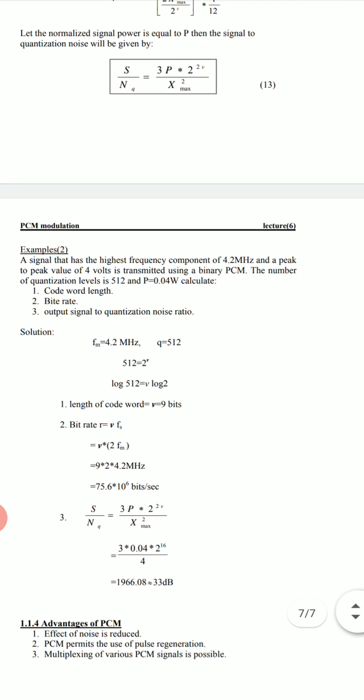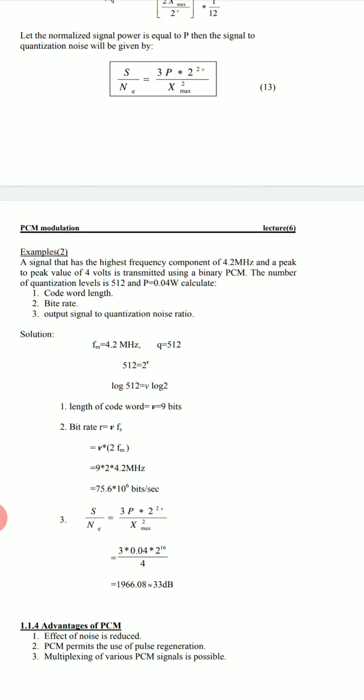You can see I have not written Q equal to 2 raised to V there because I directly took it from the net. So you can write it step wise. You can write Q equal to 2 raised to V, but Q is 512, so you can write 512 equal to 2 raised to V.